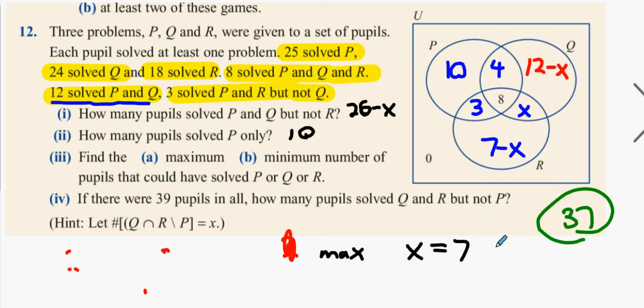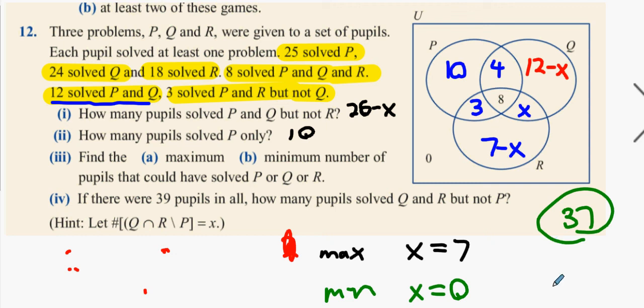What happens when x equals 0? 0 would be the minimum value of x. Let's figure out what happens when x is 0. 10 plus 4, 14 plus 12, 26 plus 3, 29 plus 8, 37. 37 plus 7?